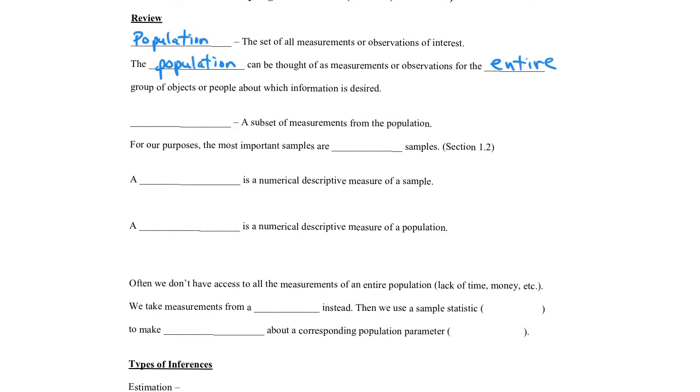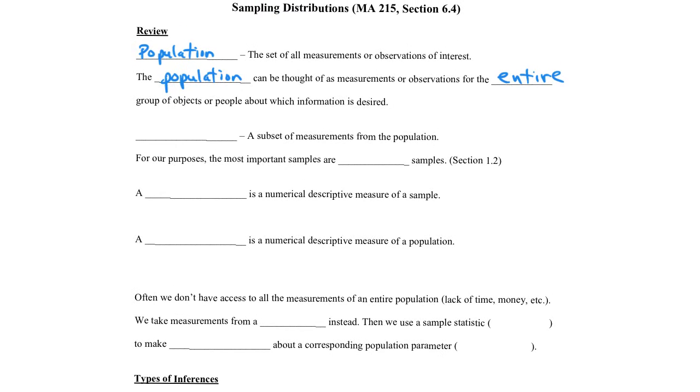Okay, and then of course a sample. Okay, there we go. A sample is a subset of measurements from the population, and for our purposes, the most important samples are random samples.